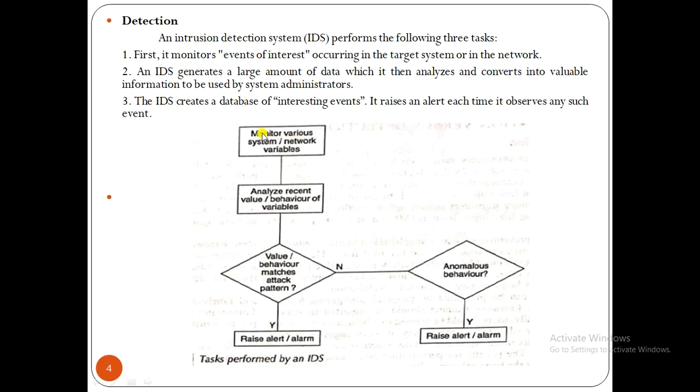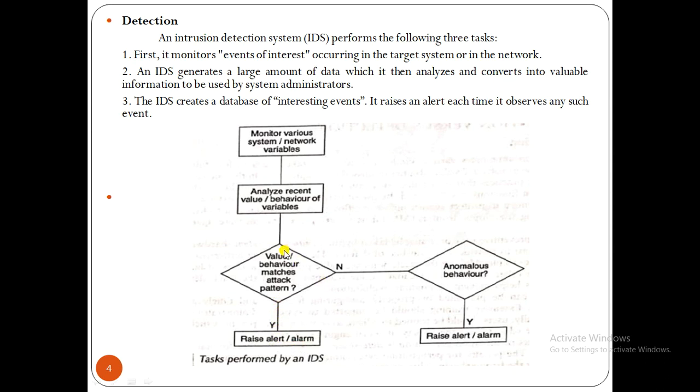First we need to consider the monitoring of the system or network variables. Then we must analyze the values or behavior of these variables. If the value or behavior matches the attack pattern, then we have to raise an alert or alarm saying that an intrusion is detected.